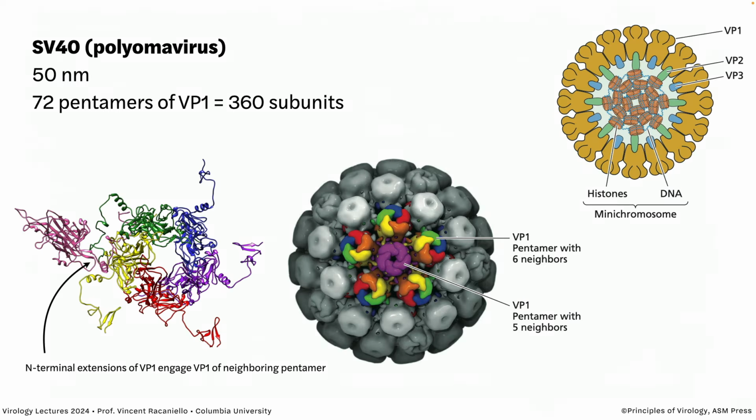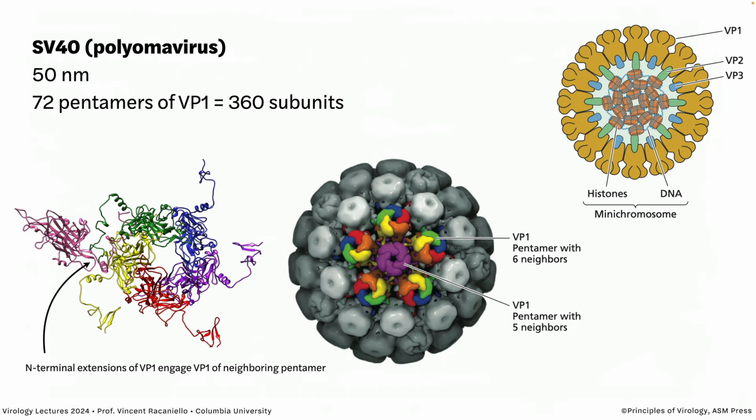We can get bigger particles. This is a polyomavirus, SV40, that we're going to talk a lot about in this course. It's made up of 72 pentamers of VP1. So here is a pentamer here, 1, 2, 3, 4, 5. But some of these have 5 neighbors, and some of them have 6 neighbors.